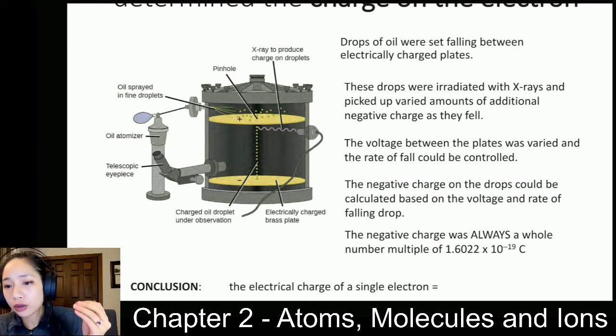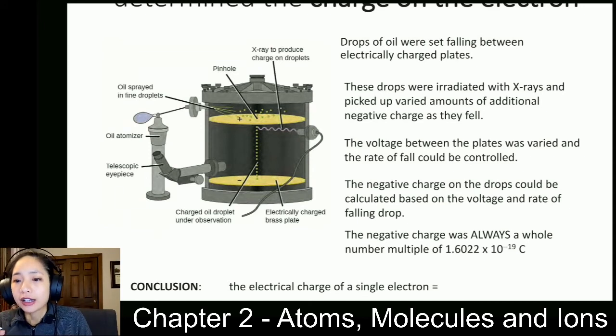And essentially those oil droplets would pick up negative charge as they fell. So now we have these oil droplets that have a negative charge on them, essentially an extra electron. And as those droplets were falling, he set up a voltage between two plates, and he varied the voltage between those two plates in order to catch one of the negatively charged droplets.